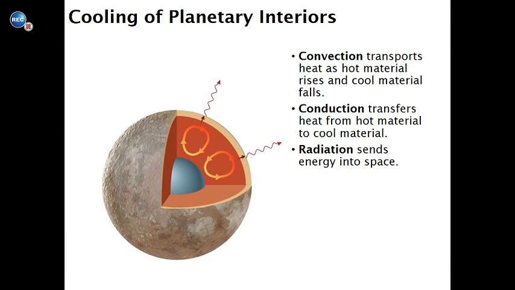So planets lose energy, and any object loses energy through these three methods: convection, conduction, radiation. So the different layers are all in contact. Heat can conduct from atom to atom, from lump of stuff to other lump of stuff. As long as there's a contact path, heat can conduct.